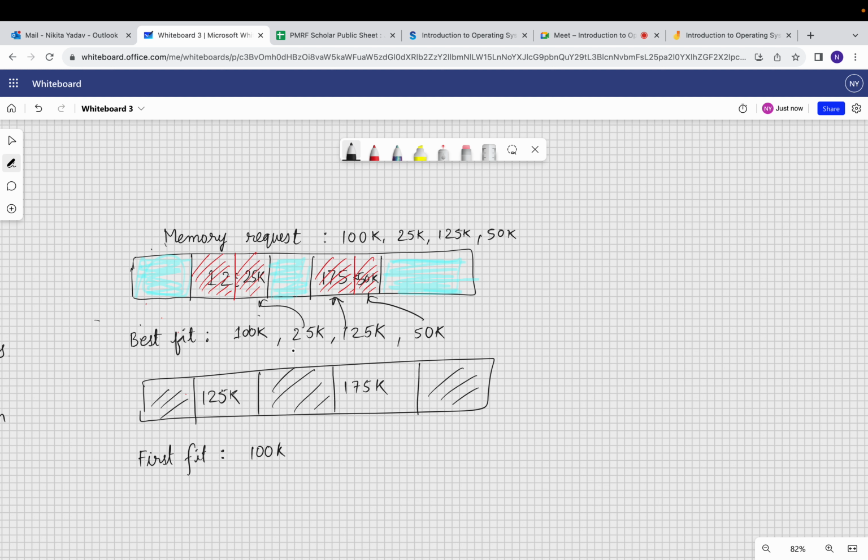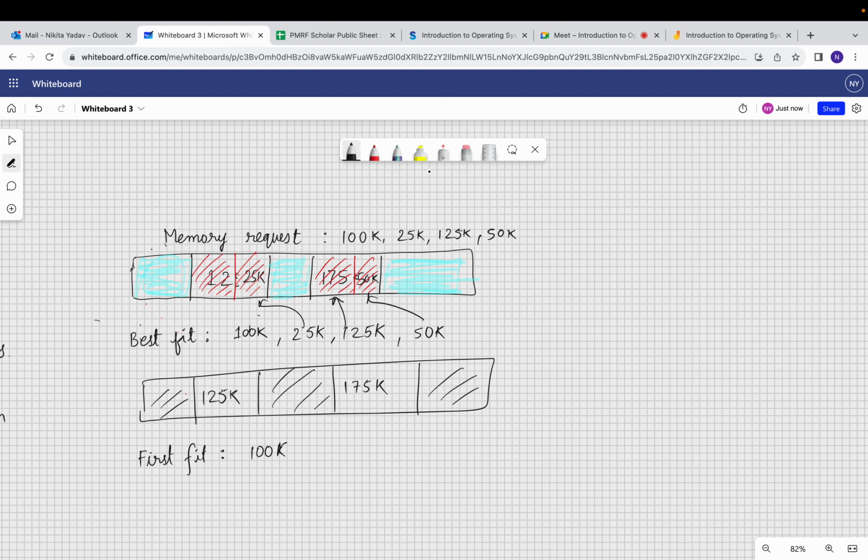First fit says that you are going to scan the memory from one end of the memory map. Here the map is given horizontally. It's not clear from which side to scan, but I'm just assuming that I'll scan from the left-hand side.